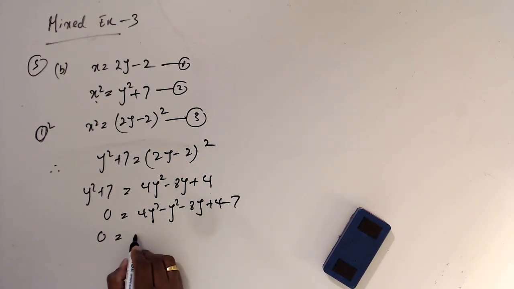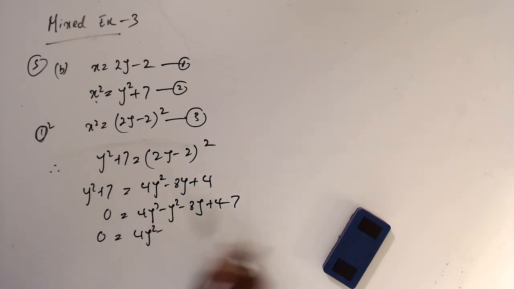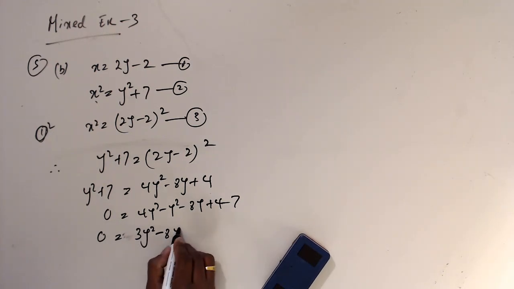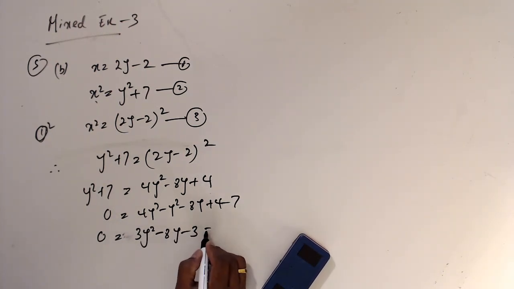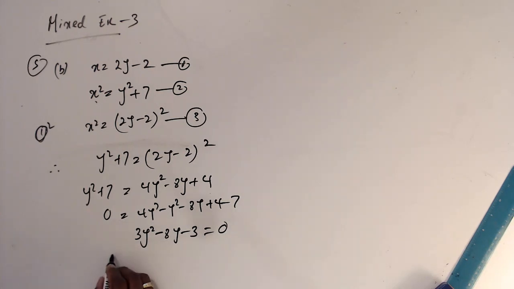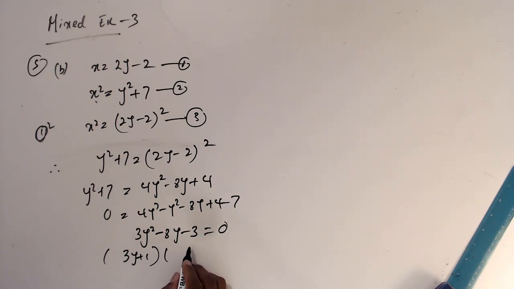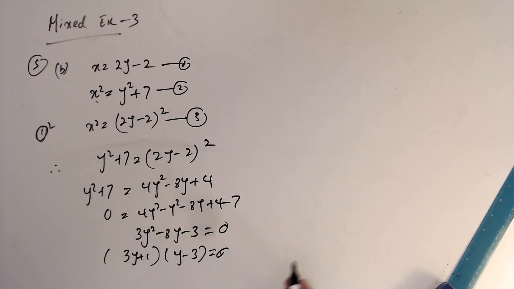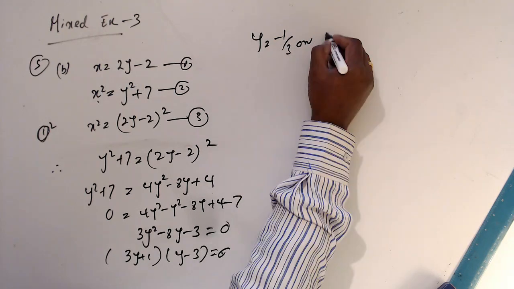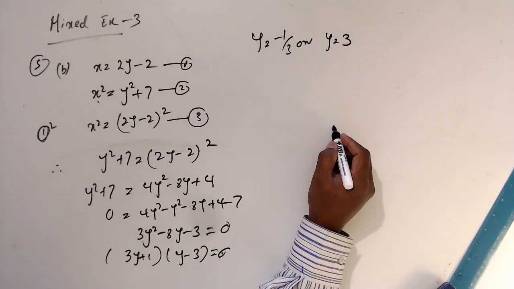So 0 equals 3y squared minus 8y minus 3. Now we can factorize this: (3y plus 1)(y minus 3) equals 0. So y equals minus 1 over 3, or y equals 3.